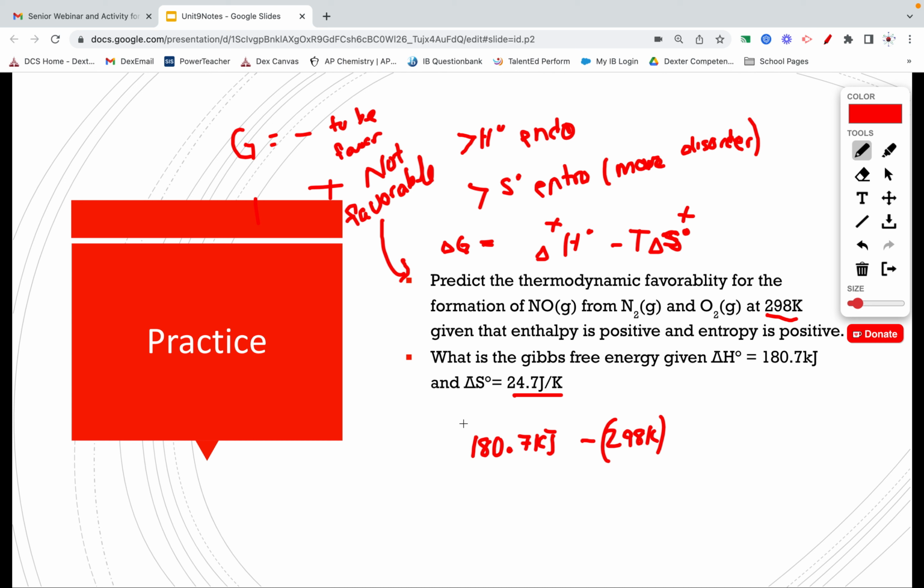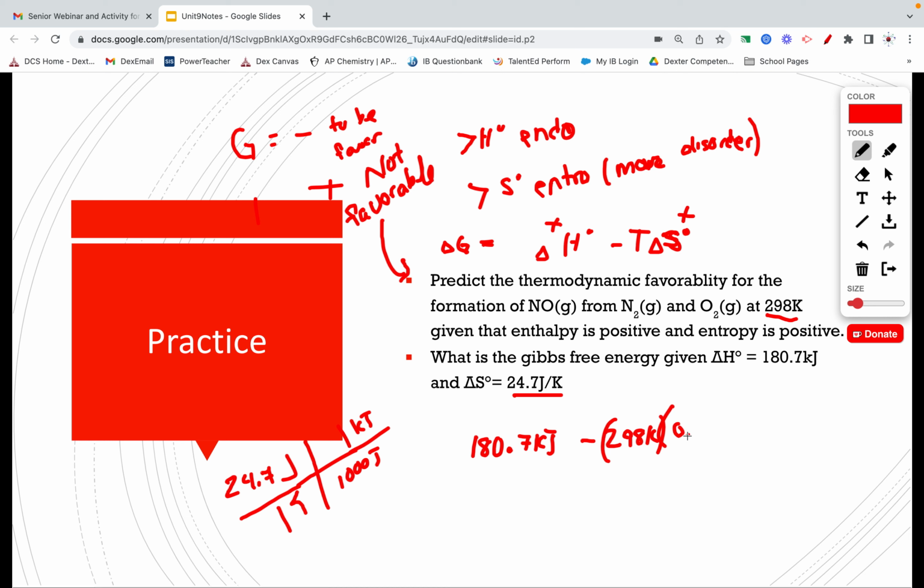So we need to change joules per Kelvin to kilojoules per Kelvin. We have 24.7 joules per Kelvin, and 1,000 joules make 1 kilojoule, so we just divide by 1,000.